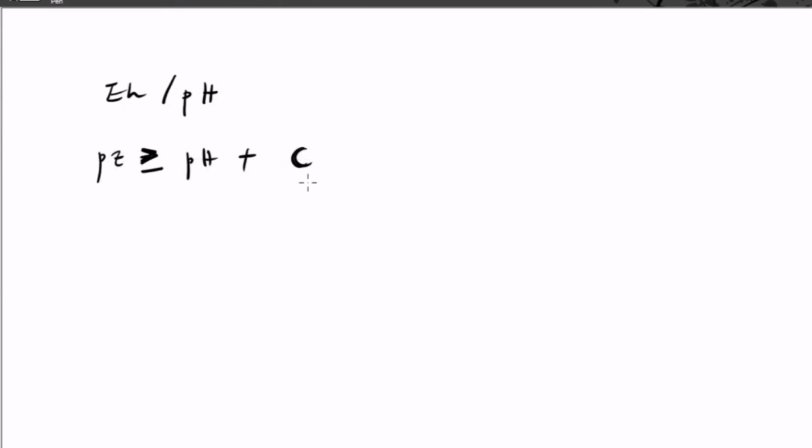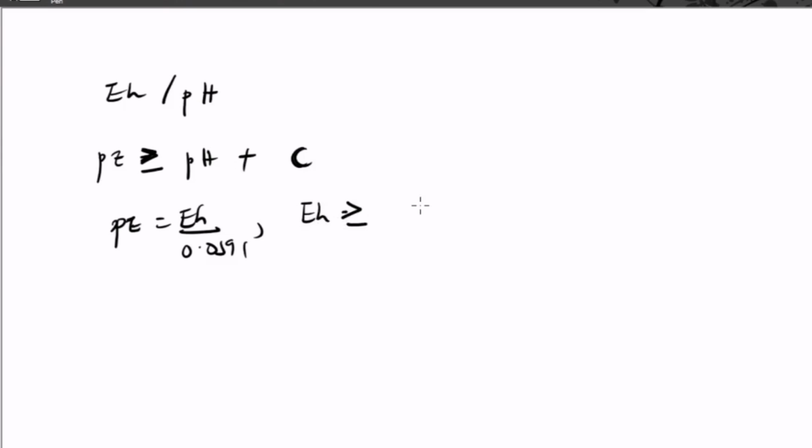We are using C as our constant, which is negative 0.5 log K plus 2 log M2+. So we've established that PE is equal to EH over 0.059.